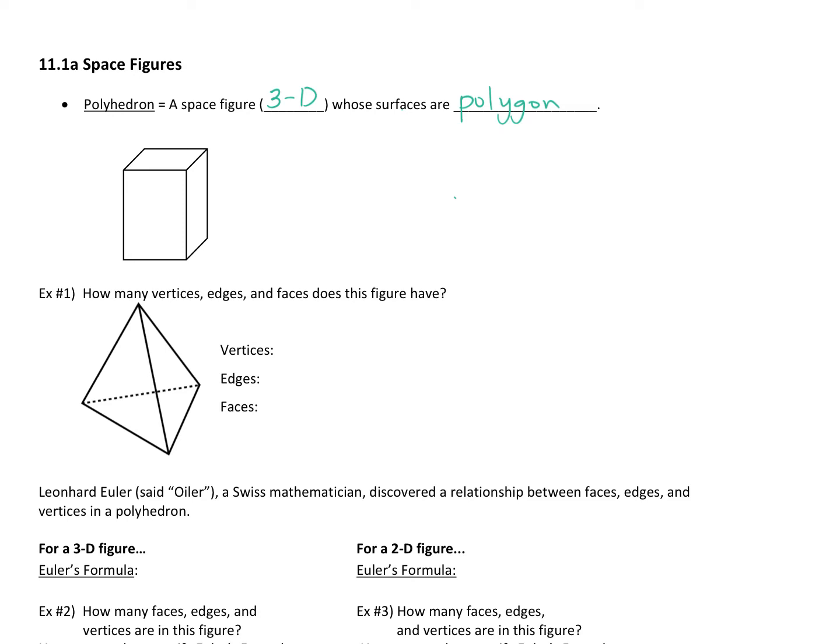When you look at a polyhedron, there are some different terms that are going to come into play for us. So the first one that we'll talk about is what's called a face of the polyhedron. When I say its surfaces, its faces. So for instance, this rectangle right here, we call that a face.